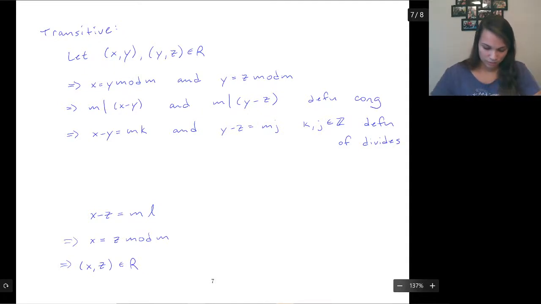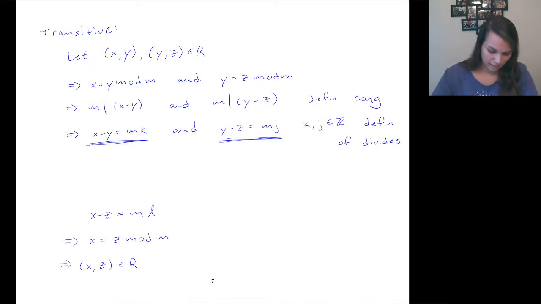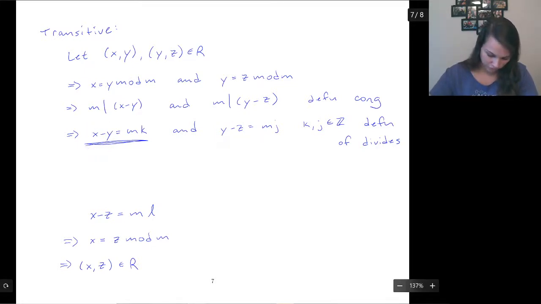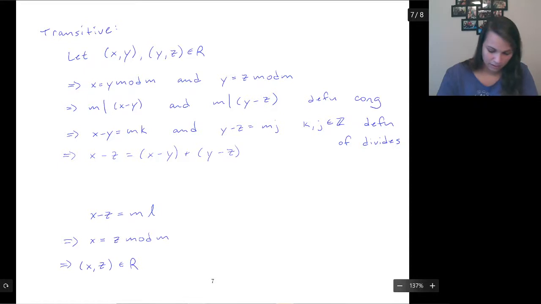I can do that. So we've got this, we've got this. And what I want to do is I want to add these two equations together because I can see that here on the left side, those y's are going to cancel out. And that is good news for me. So then x minus z is going to be equal to x minus y plus y minus z.